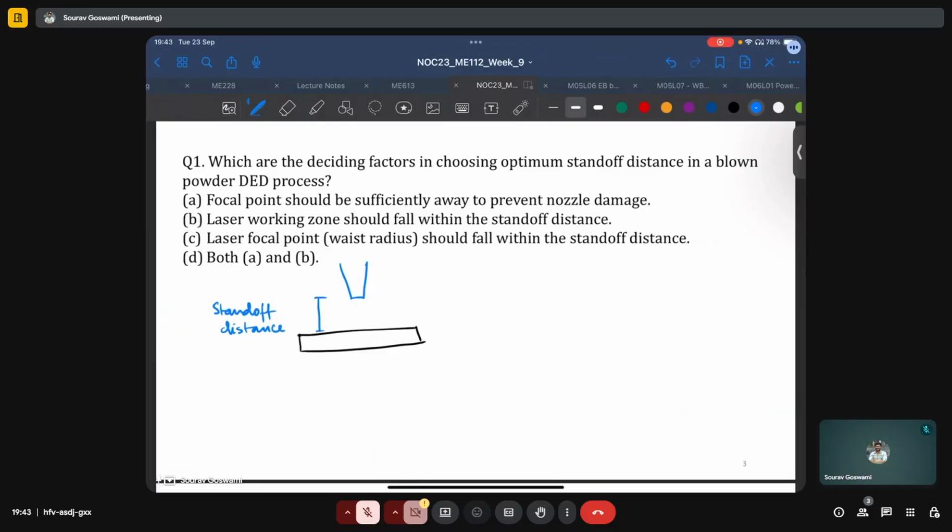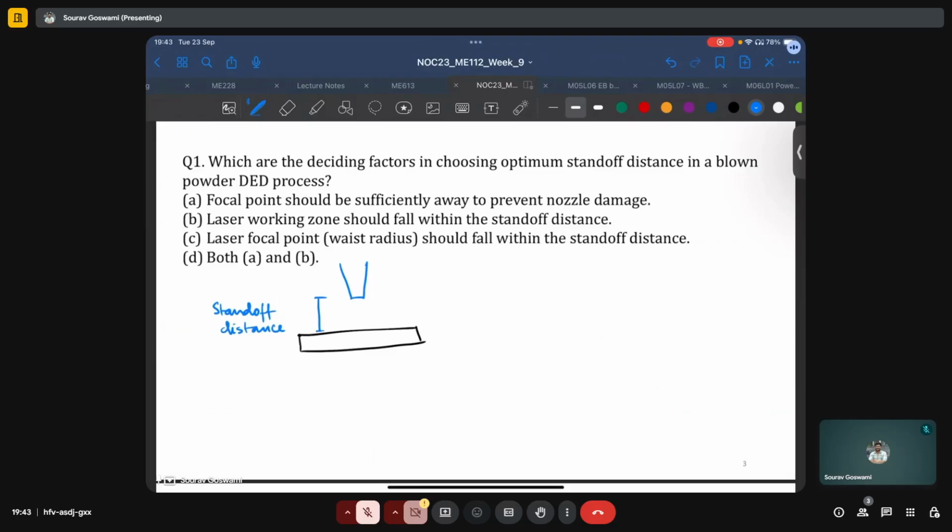Now, since you are working with metals and lasers, very high temperatures, say easily 1000 Kelvin or so, can be very easily achieved. And so, if the nozzle is very close to the substrate where this melting and fusion is happening, it can sustain thermal damage. And so, it should be sufficiently away.